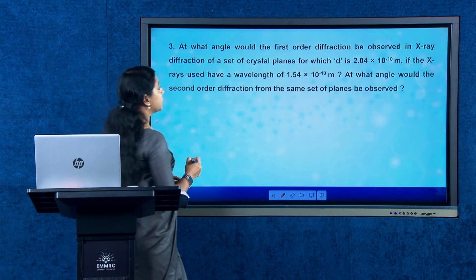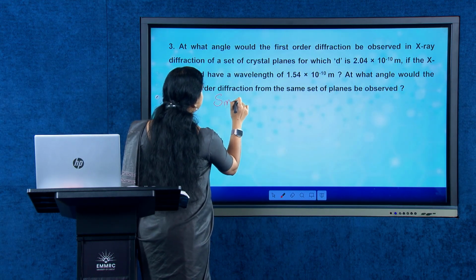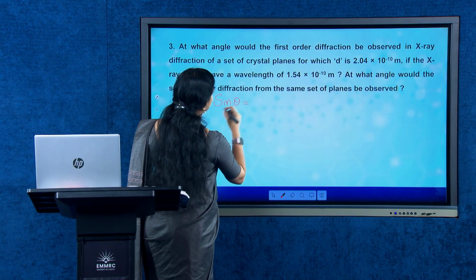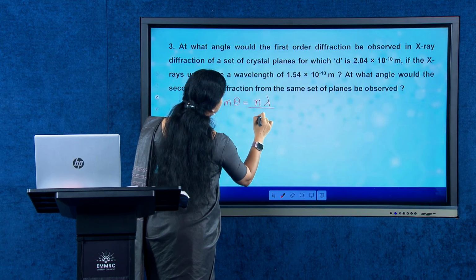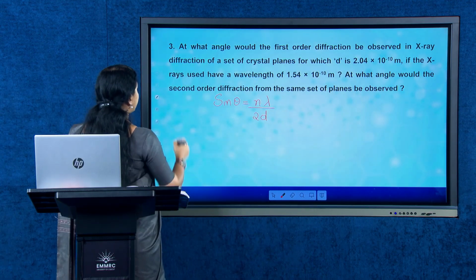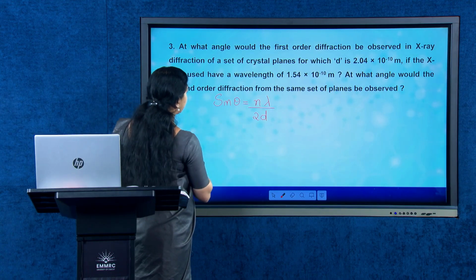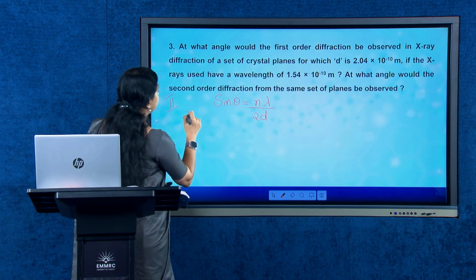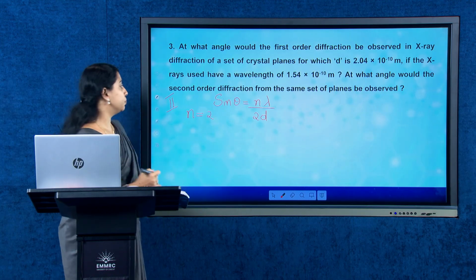Again, we have the equation sin theta is equal to n lambda by 2d. Here, in the second part, we have to find out the second order diffraction. So, what will be the value of n? The value of n will be equal to 2.